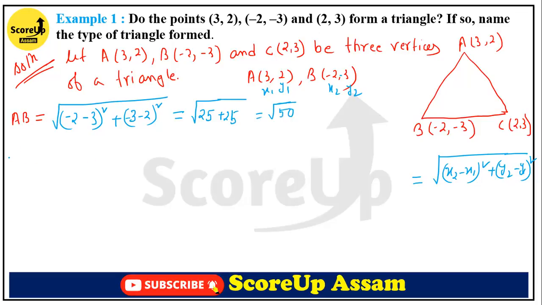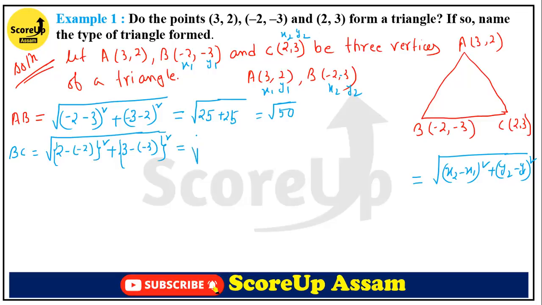Now see BC. In case of BC, this is our x1, this is y1, this 2 is our x2, and this 3 is our y2. So it will be 2 minus 2 within the same bracket whole square plus y2 minus y1, 3 minus 3 whole square.